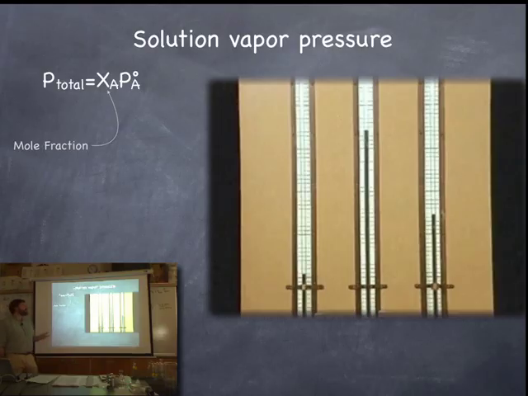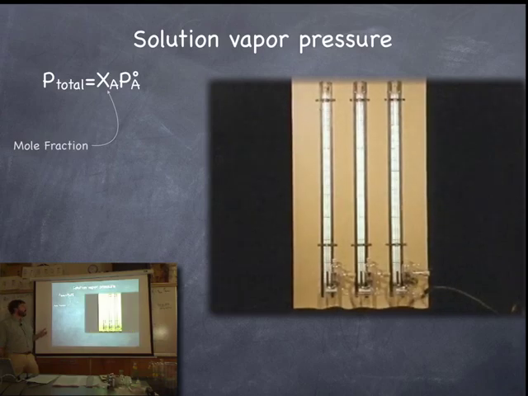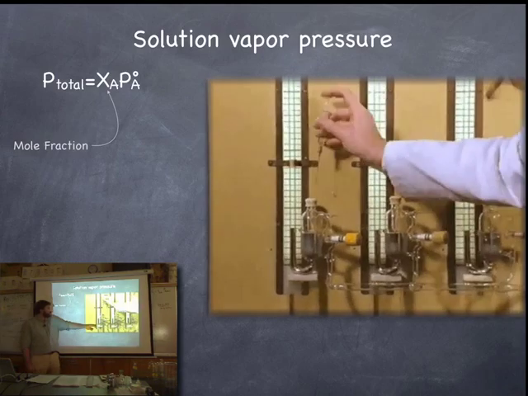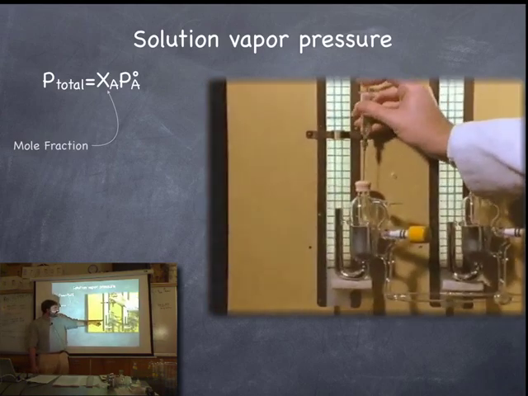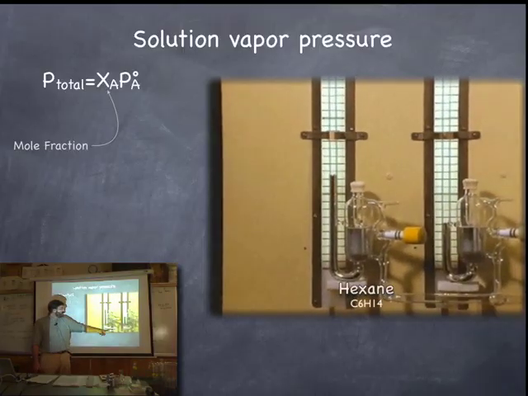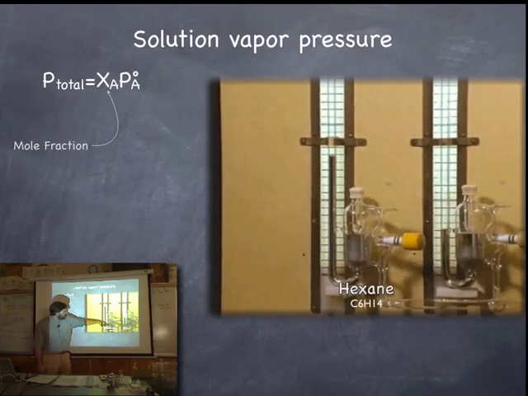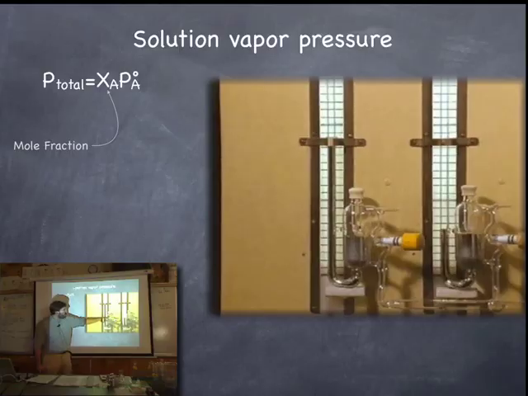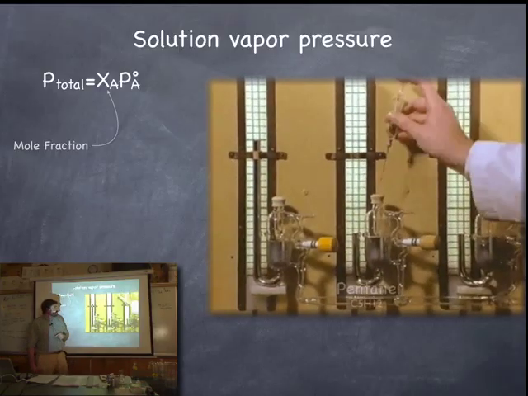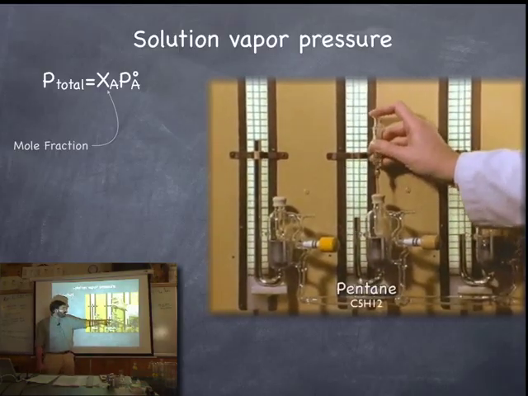But if you have a mixture, if you have several different components, like we're going to see right here, this is hexane. We put hexane in here, and we squirt it in the mercury, and the vapor that's formed pushes the mercury up. That's pentane.